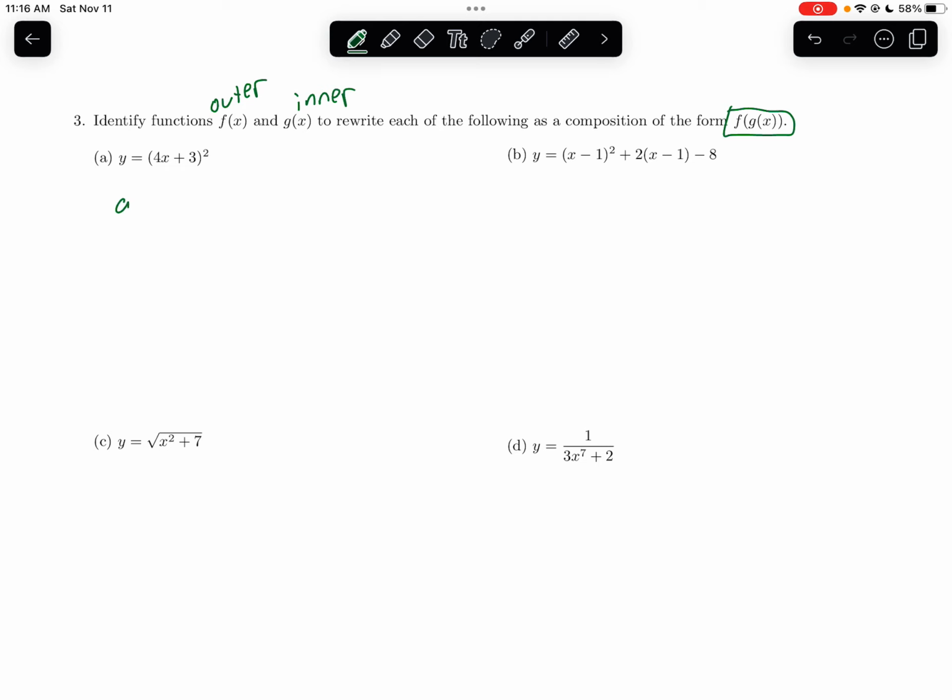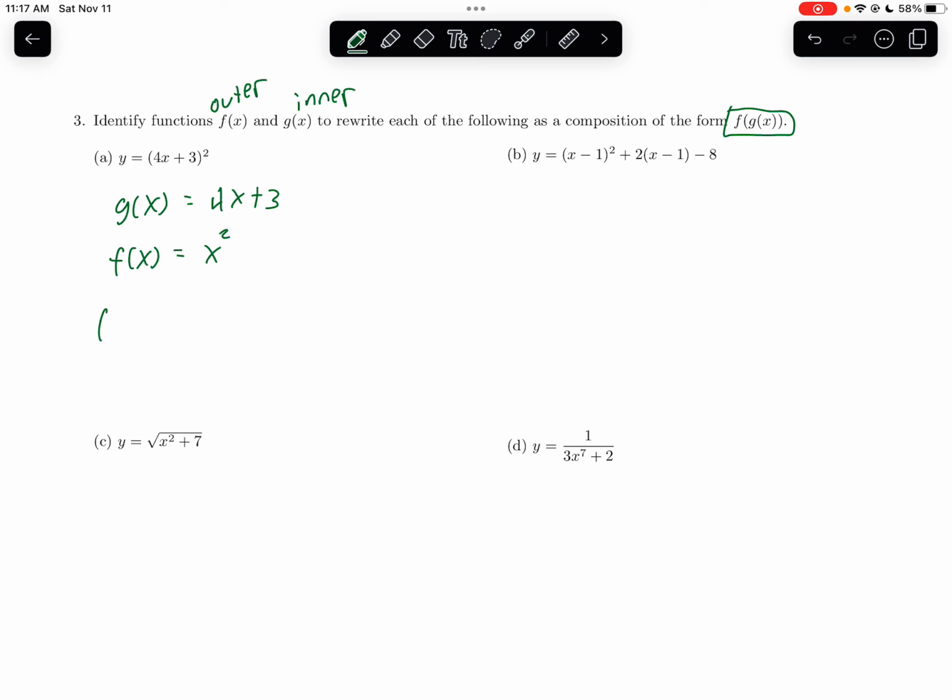So one possibility for g, I think the natural choice here is to have the inner function be 4x plus 3, and then the outer function would be x squared, because you're kind of following the order of operations, forwards really. You're doing 4x plus 3, then you're squaring the result.